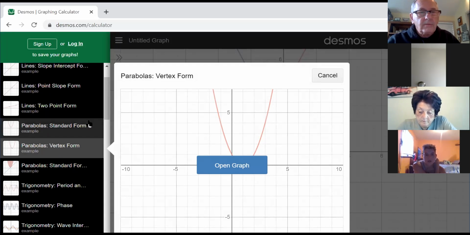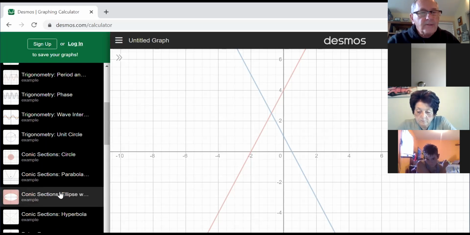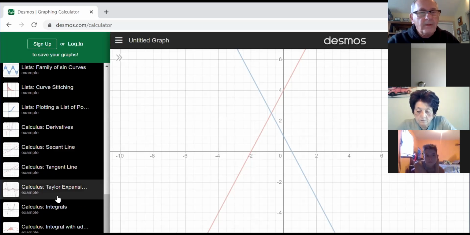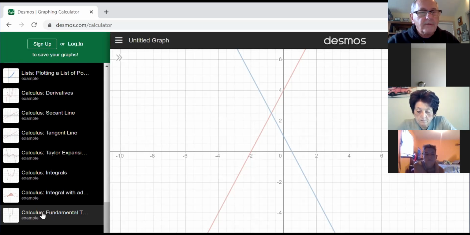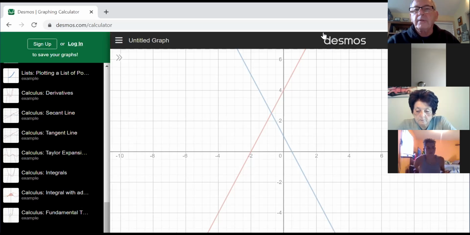You can use this in physics and all kinds of things. Anyway, the point is, this is a pretty neat program. You've got some calculus stuff in here too. If it's two different functions, you can find out where they cross, and all kinds of things. Okay, so enough on that.